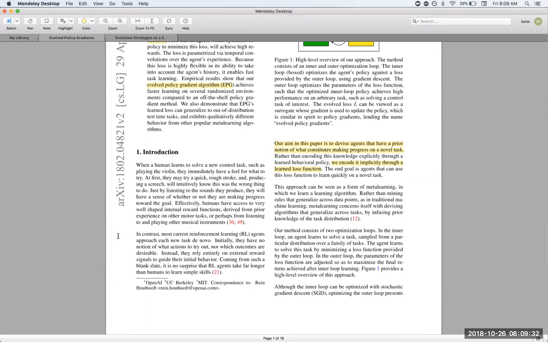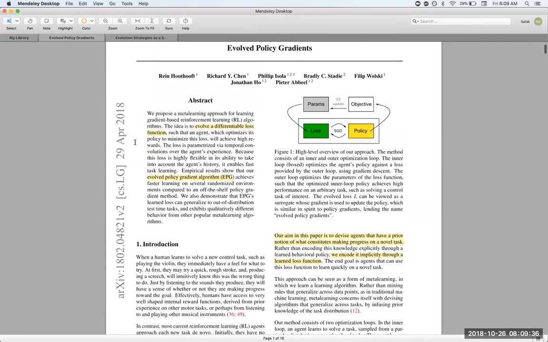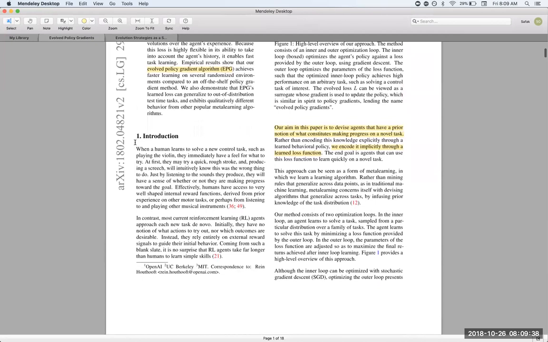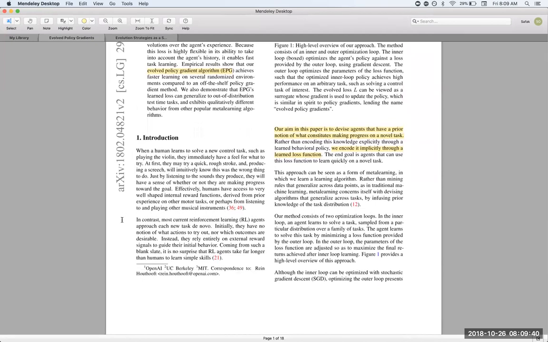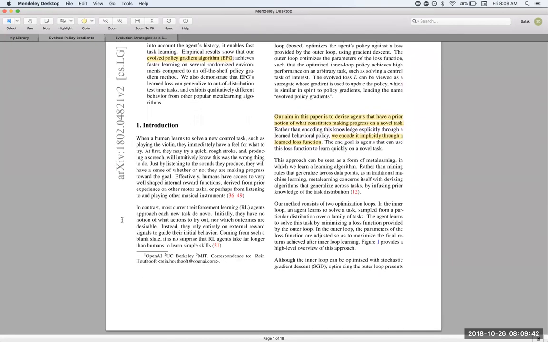So reinforcement learning, and particularly this Evolved Policy Gradients paper, tries to emulate this process. Regular standard reinforcement learning methods, it says, approach each new task afresh. Initially, they have no notion of what actions to try out, nor which outcomes are desirable.